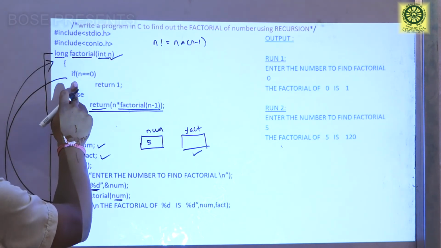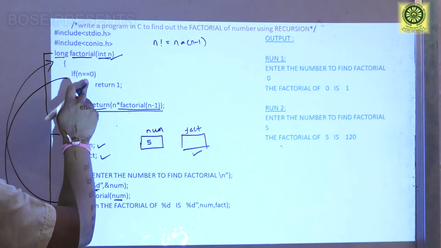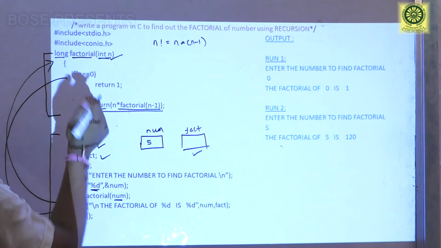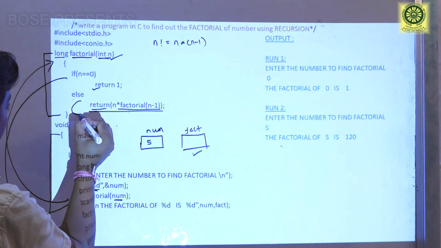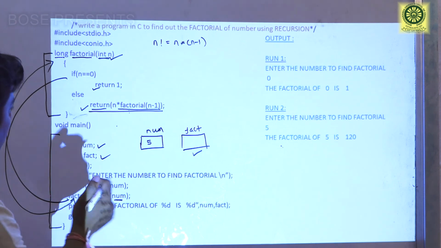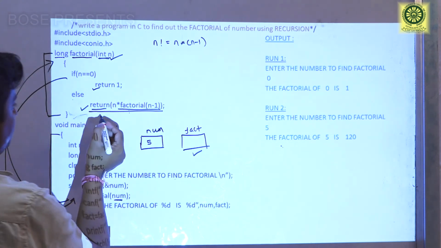Here the if condition, n equal to 0: no, 5 is not equal to 0, so it will skip this line and execute this particular line. Here the main execution will start.